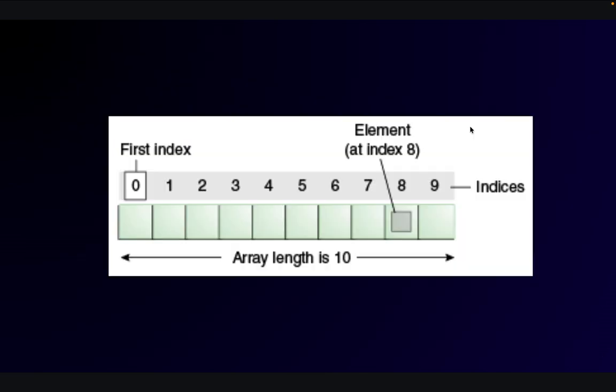So here is a visual representation of what an array looks like. Not that it actually is exactly like this, but to give you an idea of how it is set up. At the top, you see we have those numbers from 0 to 9. Those are going to be your indexes, meaning the position that that element is at. And the green boxes would represent each data value.